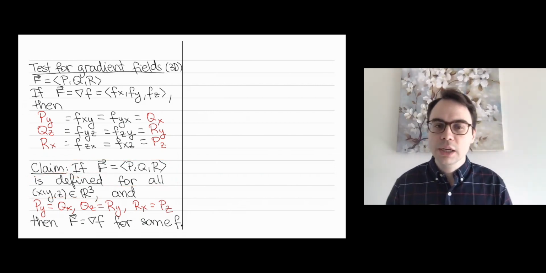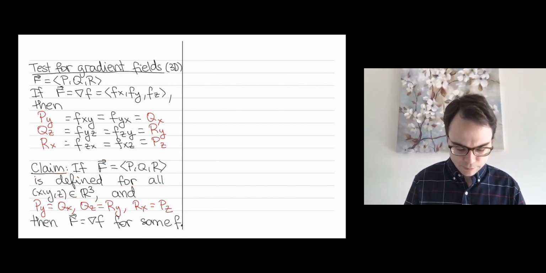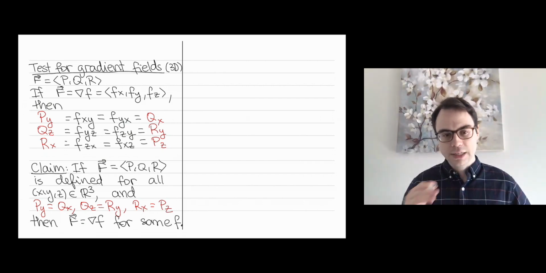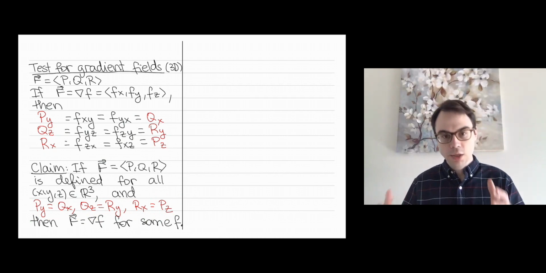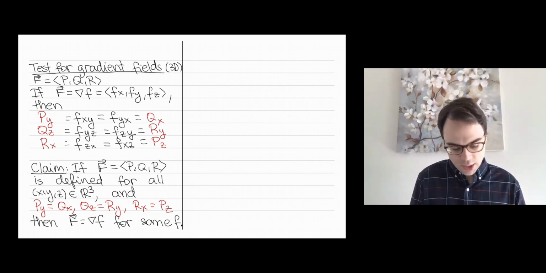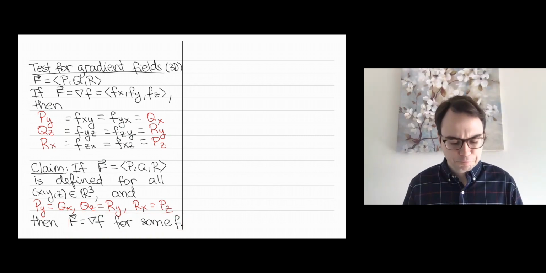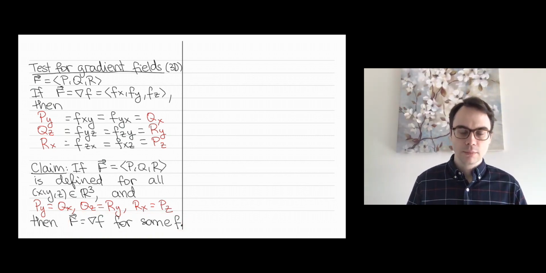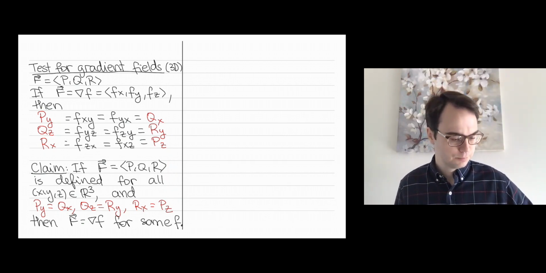In the supplementary notes I give you an example where the equations between the partials hold, but I also show you that the vector field is not the gradient of any function. And so this shows that you have to have the first condition there.